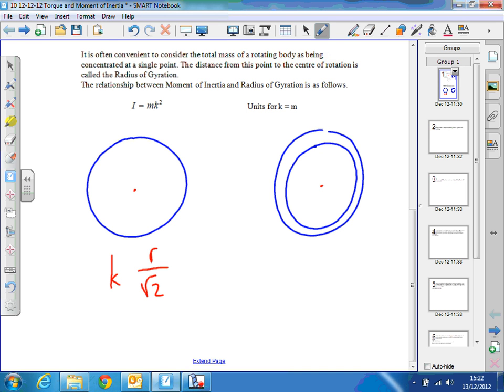For a rimmed flywheel, the radius is the mean radius: K equals the mean radius, meaning to the center of the rim. These are the same sort of considerations we took into account for earlier problems, like the bending equation. So we've got this R mean.